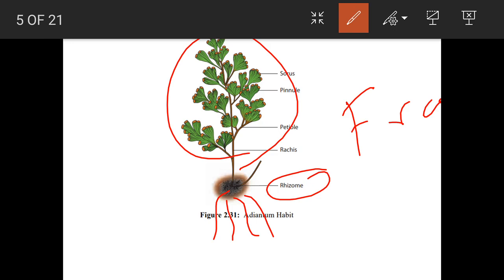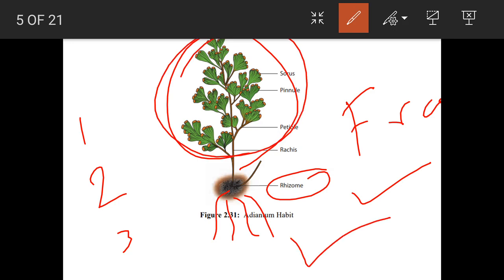In a single statement, the sporophyte is mainly differentiated into three parts: the rhizome, the roots, and the leaves.